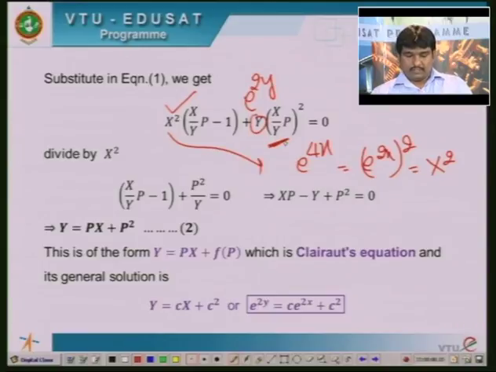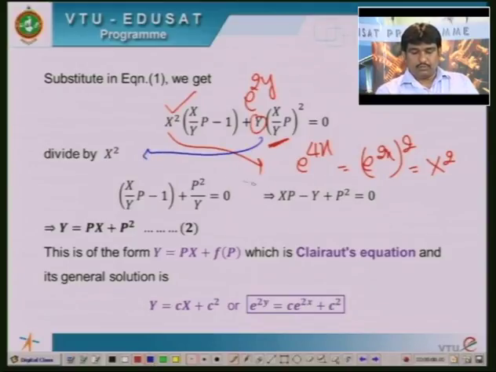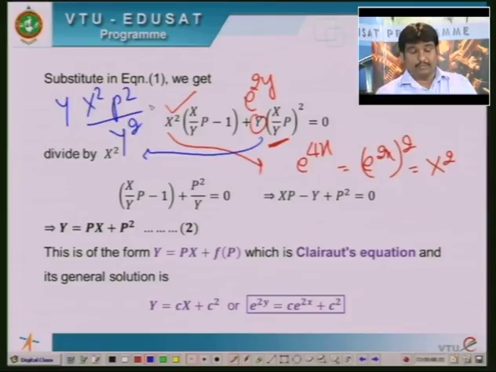Now simplify this. Divide throughout by x square. We have this term here. When you simplify this, you get capital Y into capital X square, capital P square divided by Y square. And you have x square here also.